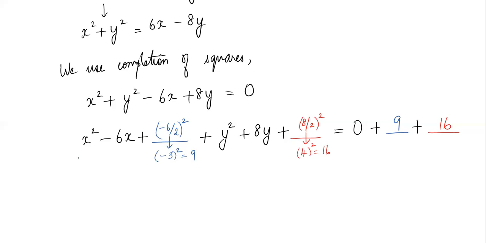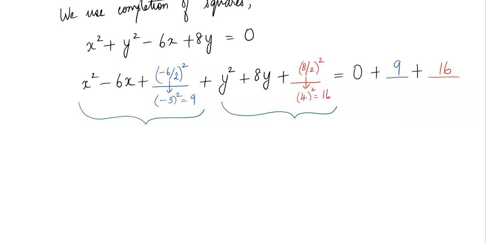Remember, we are grouping these 3 and these 3. Okay, so you get two perfect square binomials. So x minus 3. Remember, we mentioned how this comes into not x squared, x minus 3, because it's a minus 3 there.